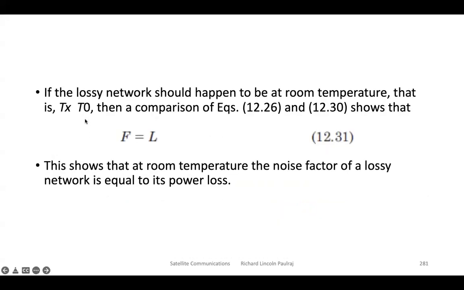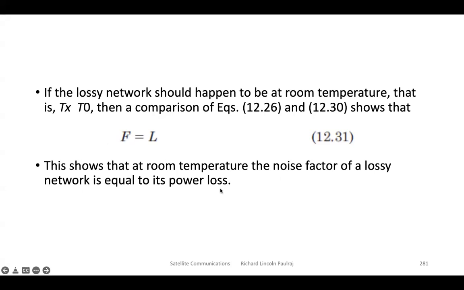If the lossy network happens to be at room temperature, let's assume about 19 or 20 degrees, then we can term it as T naught, and our noise factor F is going to be equal to L. This shows that at room temperature, the noise factor of a lossy network is equal to the power loss.